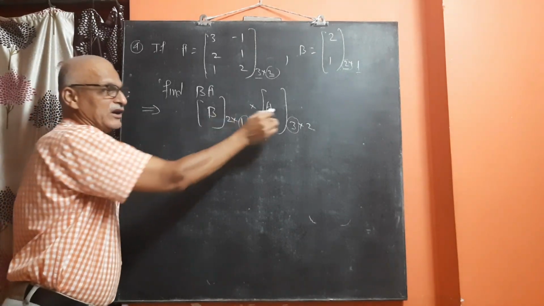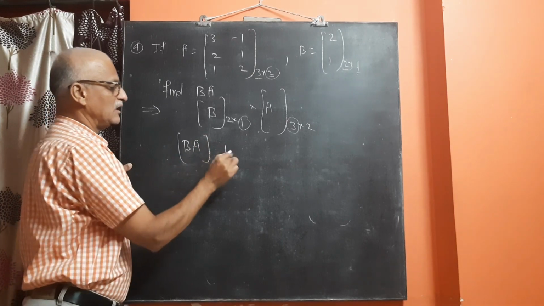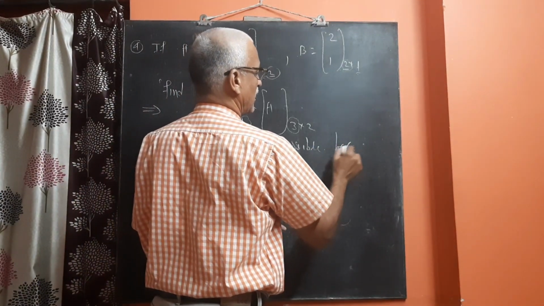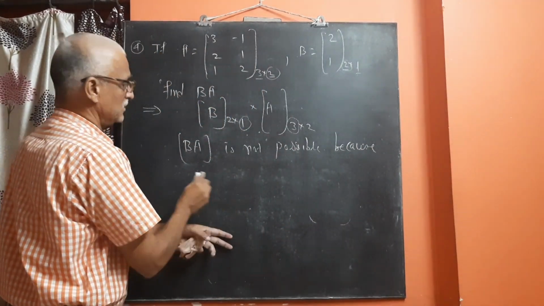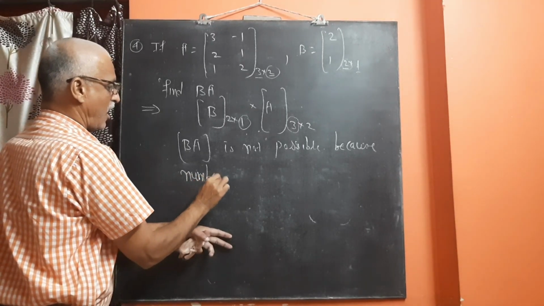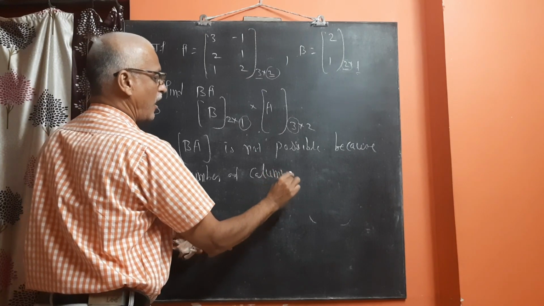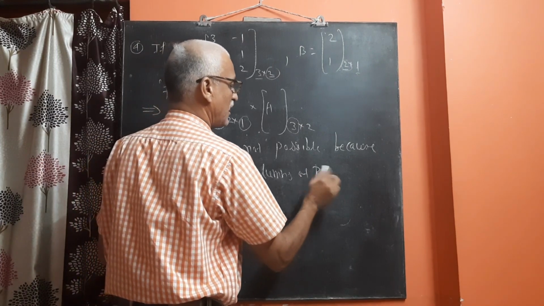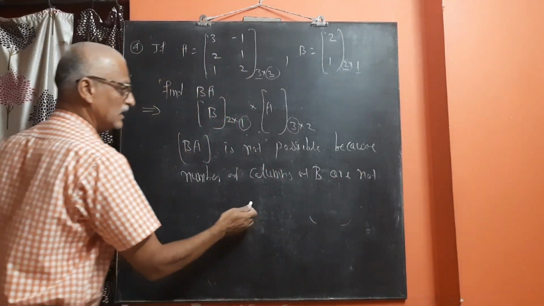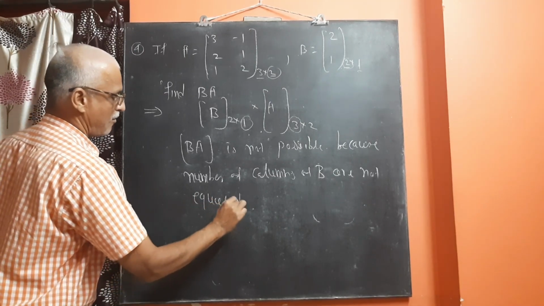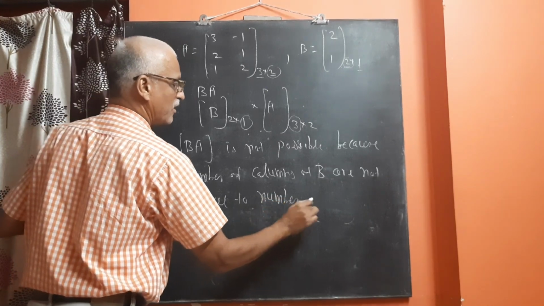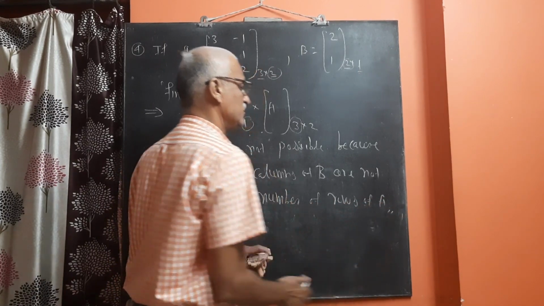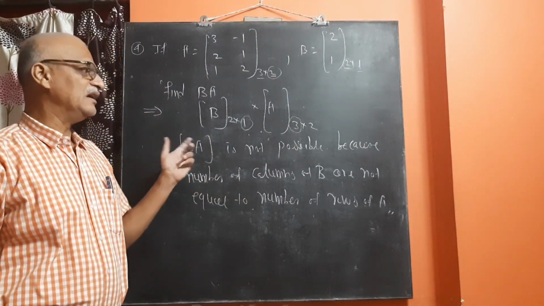That means here we can directly write the product BA is not possible, because the number of columns of B are not equal to the number of rows of A. So that is the reason why BA is not possible.